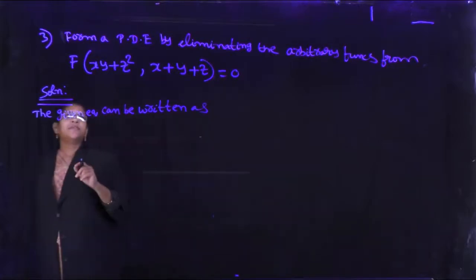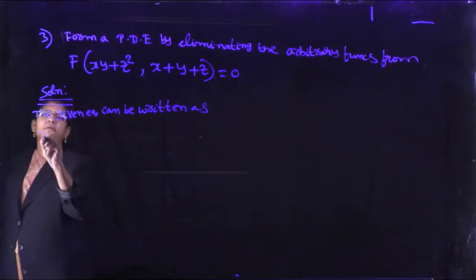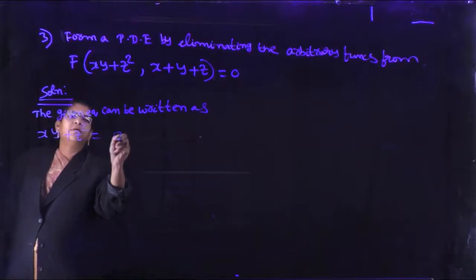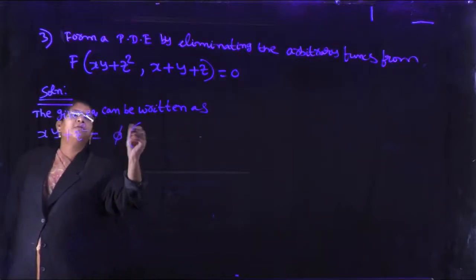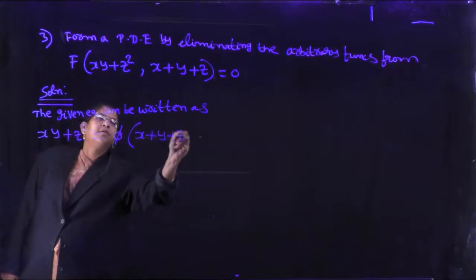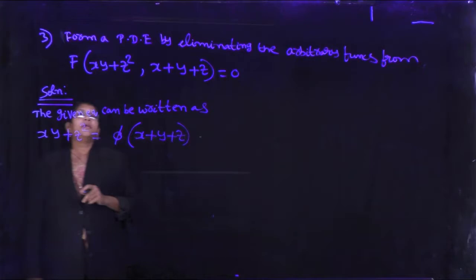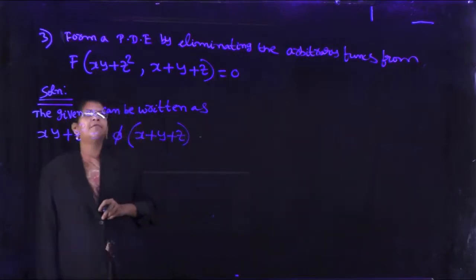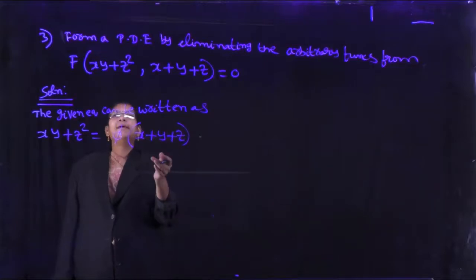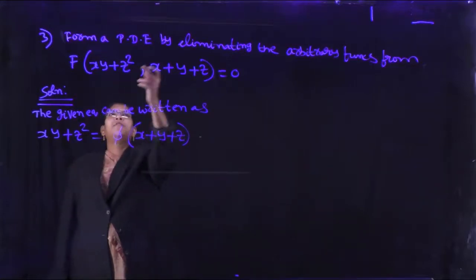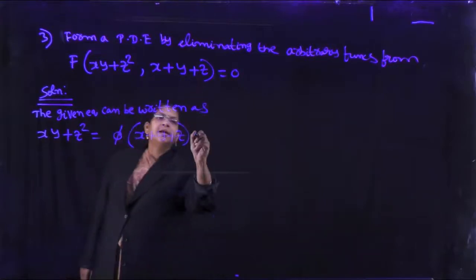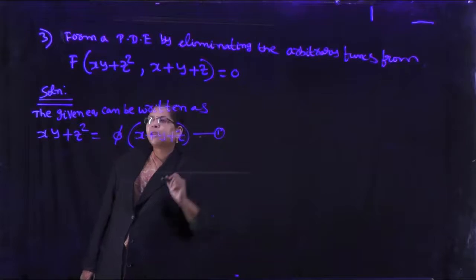This equation can be written as xy + z² equal to some function φ of (x + y + z). That means if you have F of (u, v) equal to 0, then u equals some function of v. In the same manner, xy + z² equals some function of (x + y + z). Take this as equation 1.